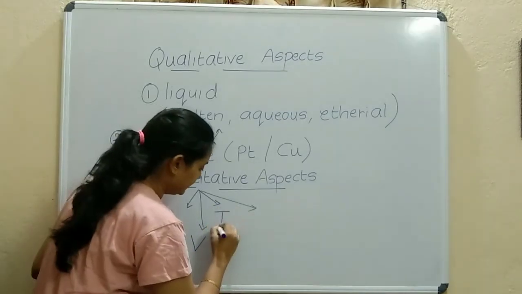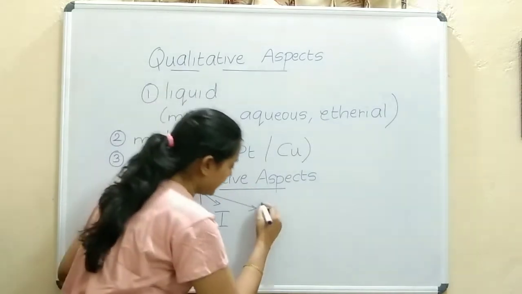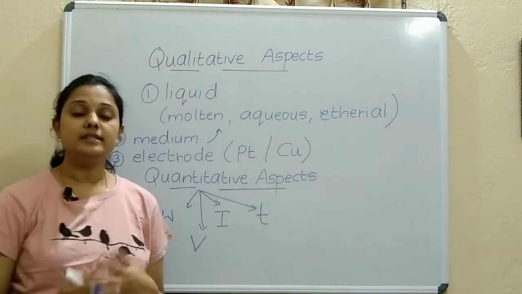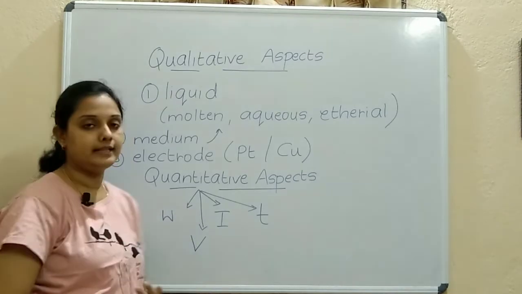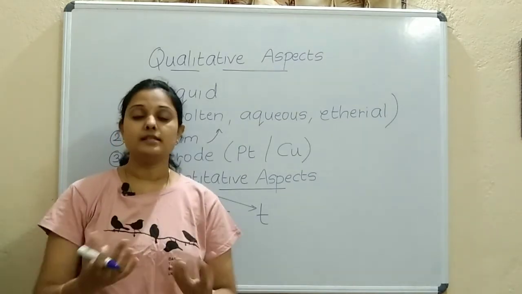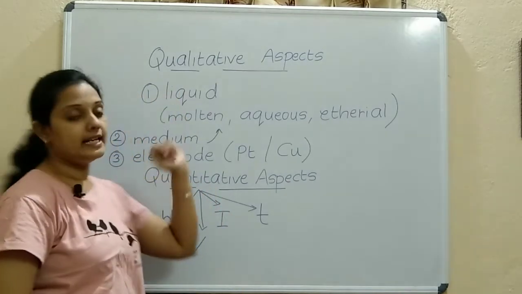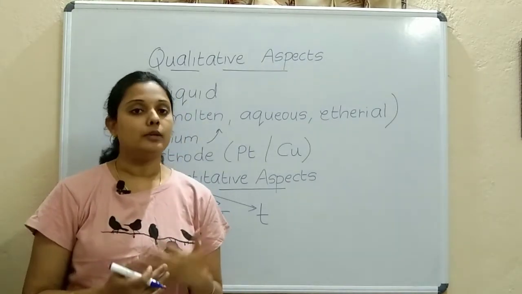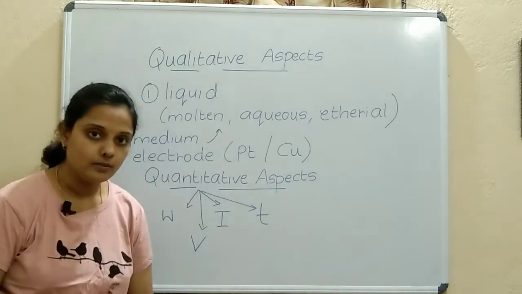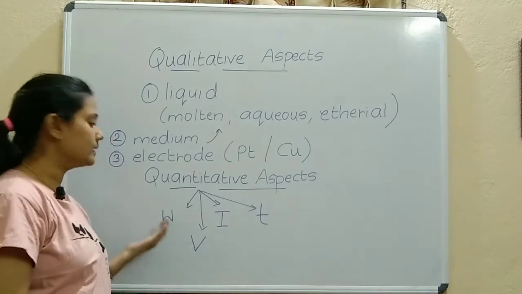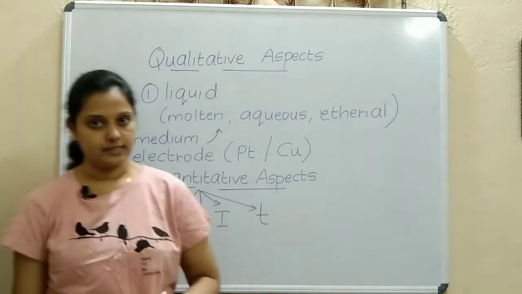Then I, how much current is passed through the circuit, and T, how much time the current was passed, or how long it took for the substances to get deposited on cathode and anode. So in qualitative, we will find what products are formed at anode and cathode, and in quantitative, we will know the quantity of substances deposited and how much time the current was passed.